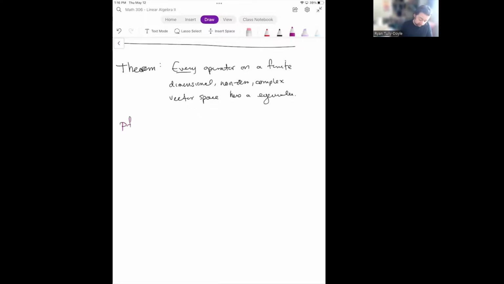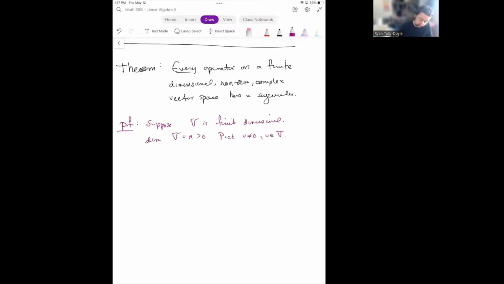So here's how the proof goes. Let's suppose V is finite dimensional, and let's just give it dimension n. Dimension of V is equal to n, which is bigger than 0. And then we're just going to pick a non-zero vector V in V. What we're going to do is generate a set of vectors that we're guaranteed to be linearly dependent.